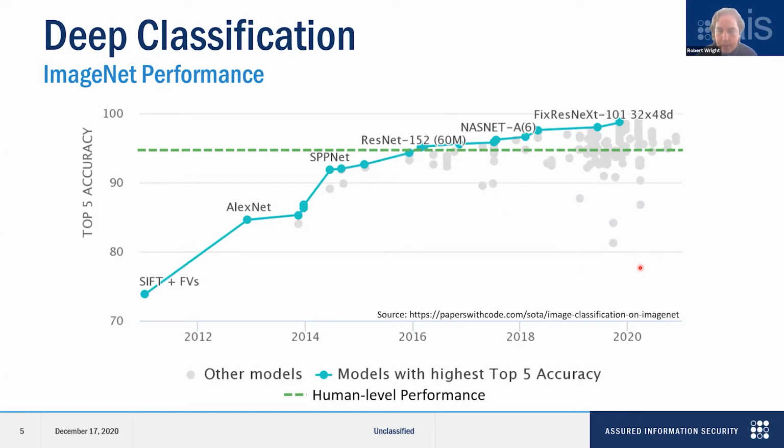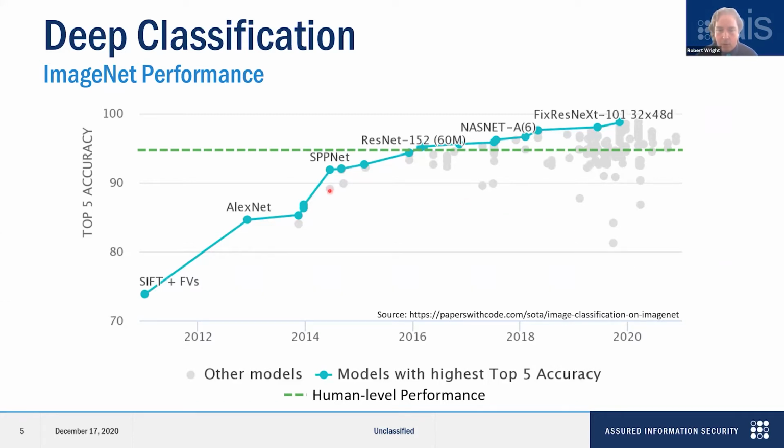And since 2010 up until about 2018, it was a standing challenge for artificial intelligence, computer vision, with a yearly challenge to see how effective the methods were. And what we're seeing here is a chart of the top 5 accuracy on how well the different algorithms were at identifying things within the images.